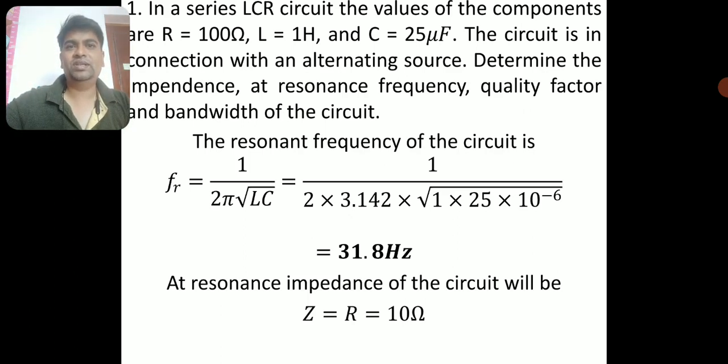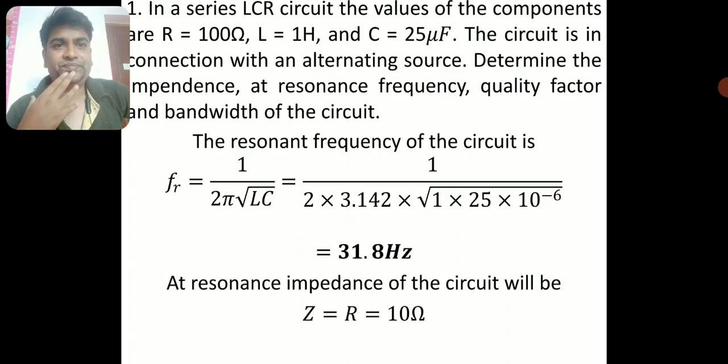In the pre-university level, you are not supposed to carry a scientific calculator to the examination hall, but here at the undergraduate level you can. So you can easily do it with a scientific calculator, and the value of the frequency is 31.8 Hertz.